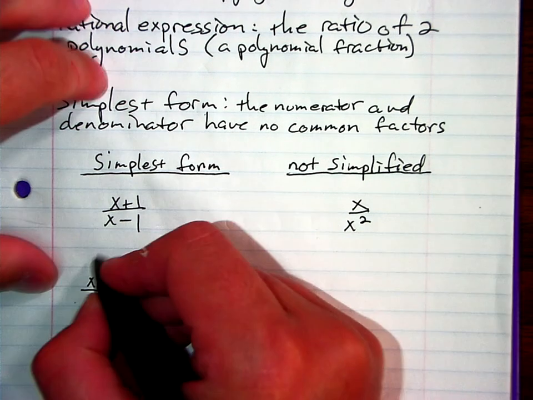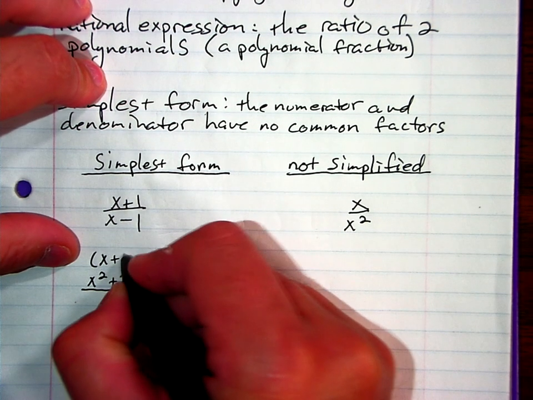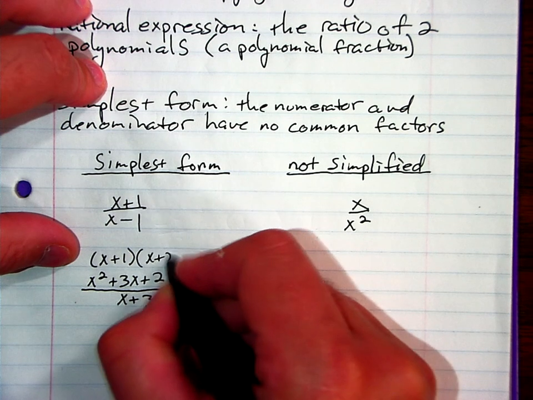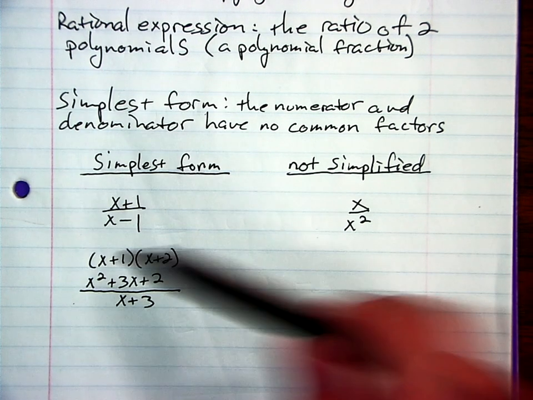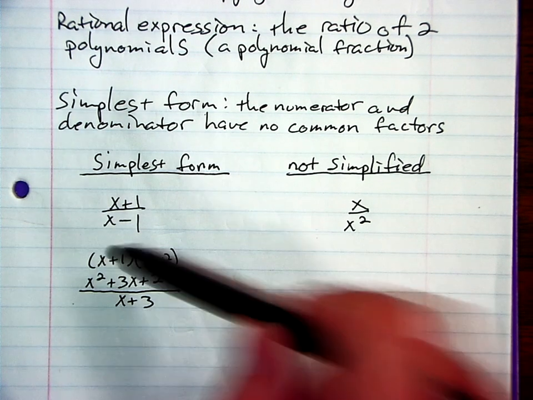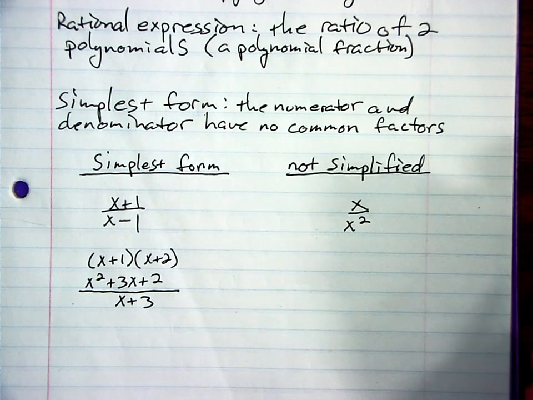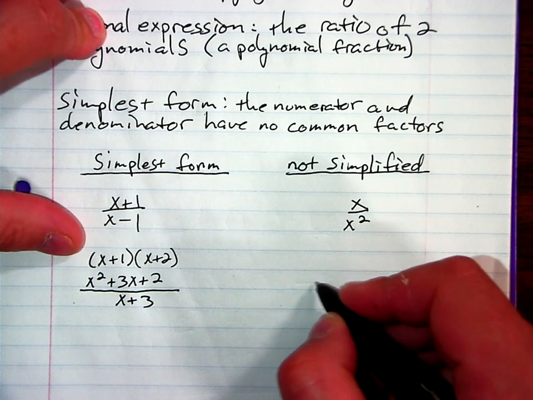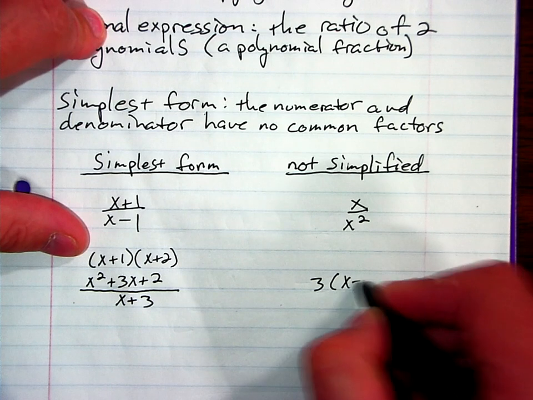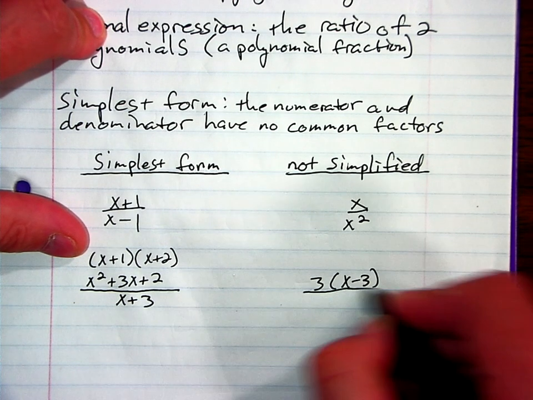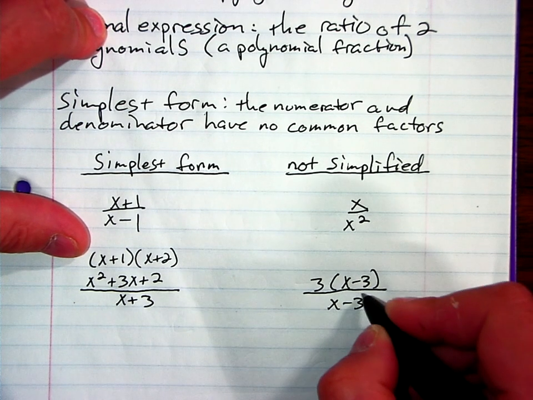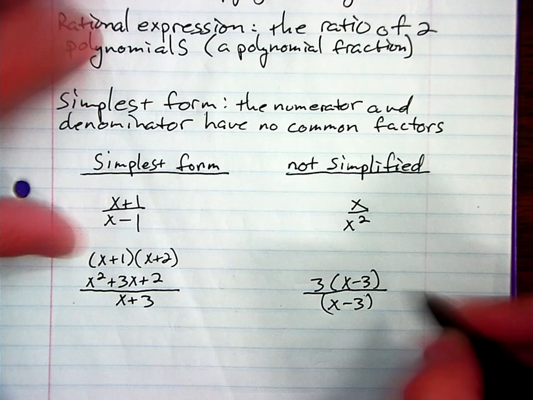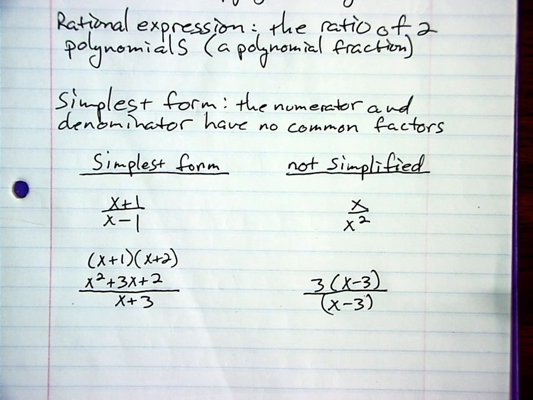I believe that's 1 and 2. So x plus 1, x plus 2. But none of those are the same, so it will not simplify. Whereas if I had 3 times x minus 3 over x minus 3, I could cancel out the x minus 3's.